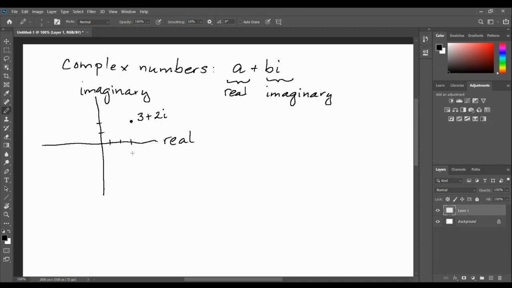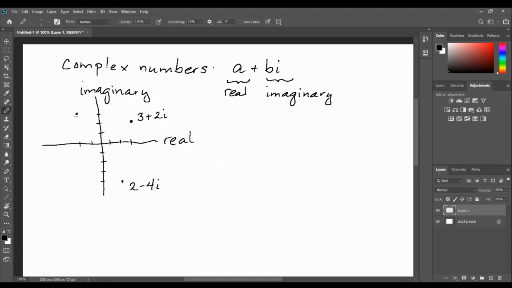The point 2 minus 4i would be 2 on the real, down 4 on the imaginary, so that'd be 2 minus 4i. So you can see we can plot these. We did have to say, okay, I'm going to call the x-axis my real axis and the y-axis my imaginary, but now we can plot all of these points.